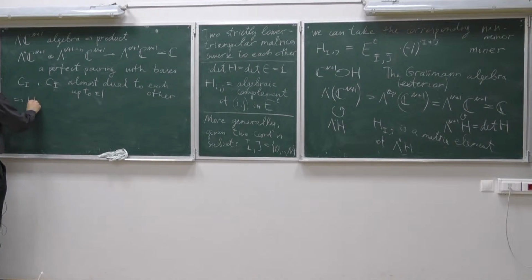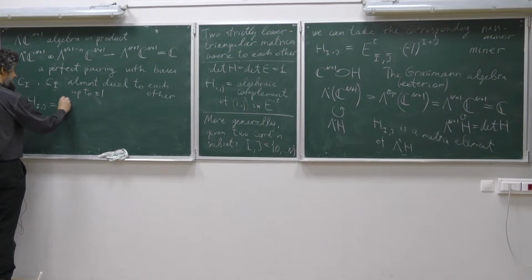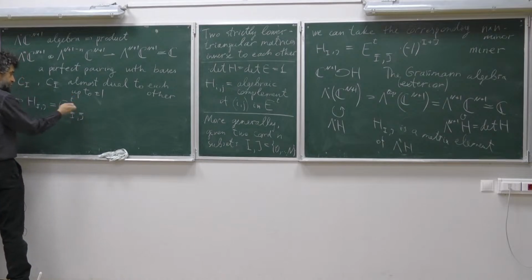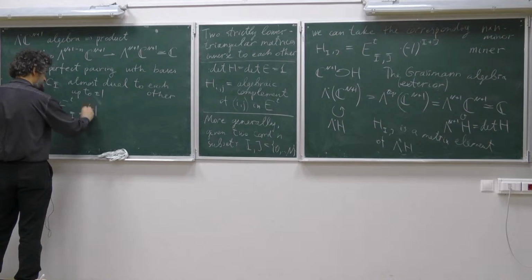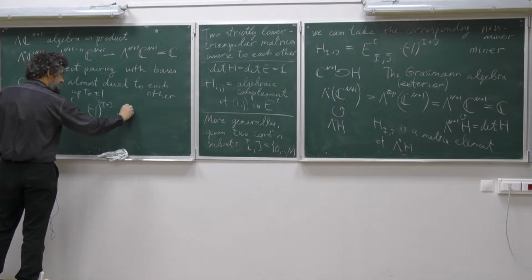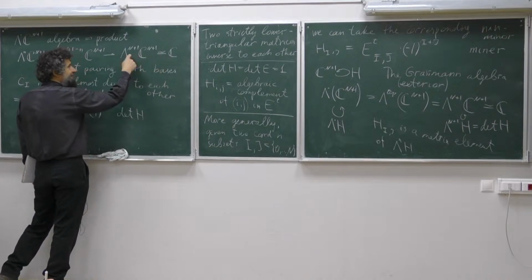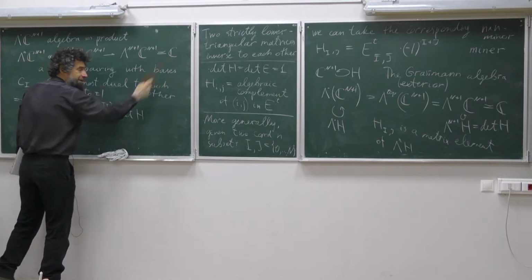The matrix element with respect to this basis is the matrix element of the inverse matrix with respect to the dual basis, but this must be transposed because it's the dual basis, and also there is some sign, and also you must multiply by the determinant of h, because the pairing goes not to scalars but to things where h acts by the determinant.